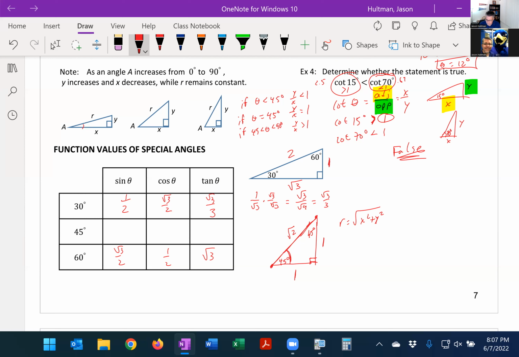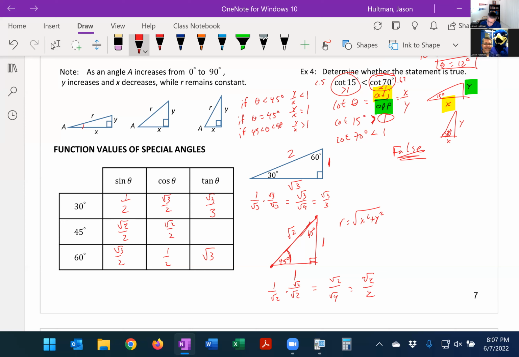It doesn't matter which 45 I use, it's going to end up being the same thing. So 1 over radical 2, again I want to rationalize that. Multiply by radical 2, that's radical 2 over radical 4, which is radical 2 over 2. So the sine is radical 2 over 2. If I do the cosine, I get the same thing, 1 over radical 2, so that's radical 2 over 2.